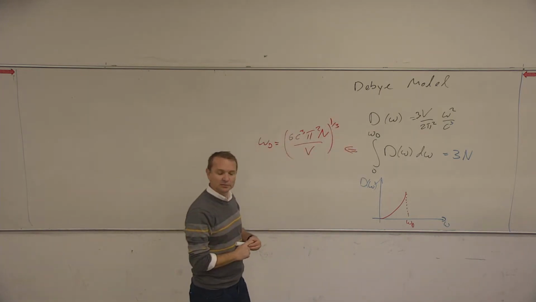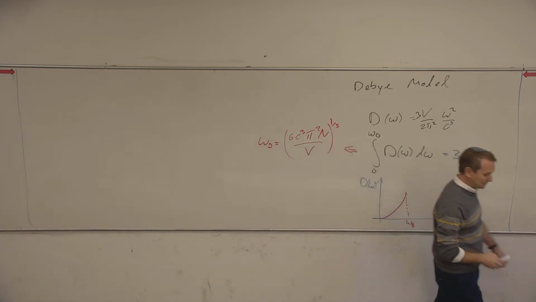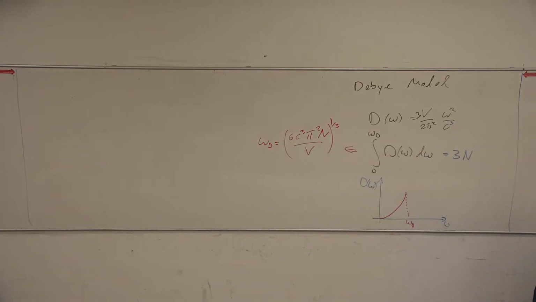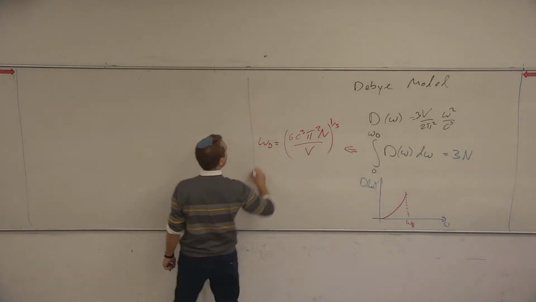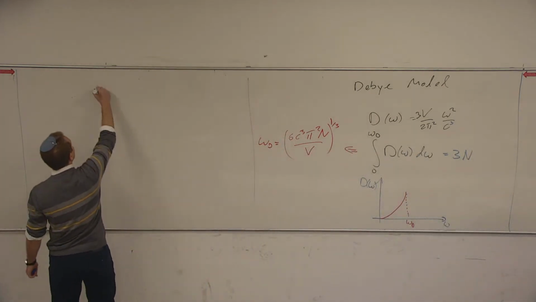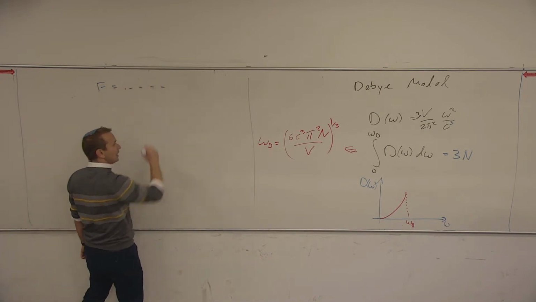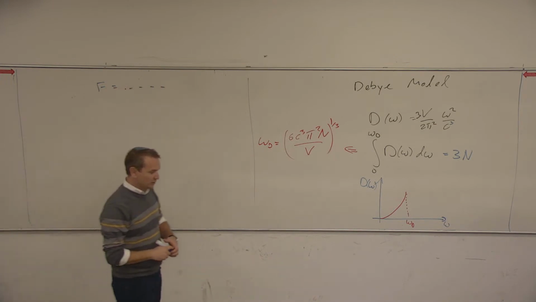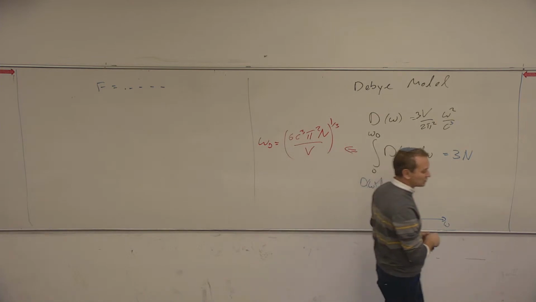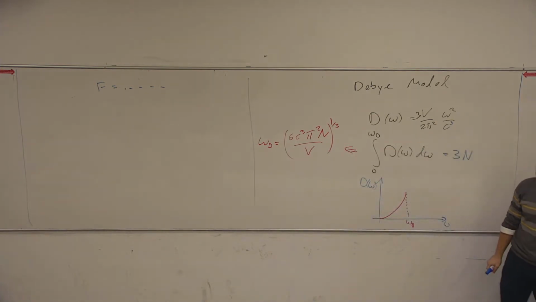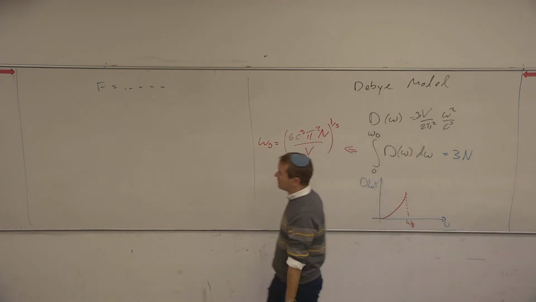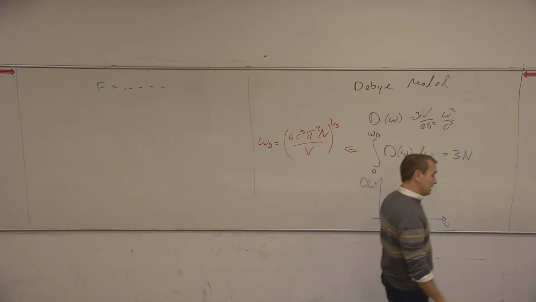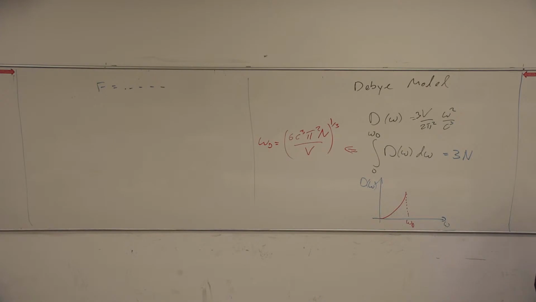This is our omega Debye, and basically this is it, right? So afterwards we say we need to find the Helmholtz free energy, and then we can take several derivatives with respect to this energy, and we are done. Right? So this is approximately where we finished last lecture.